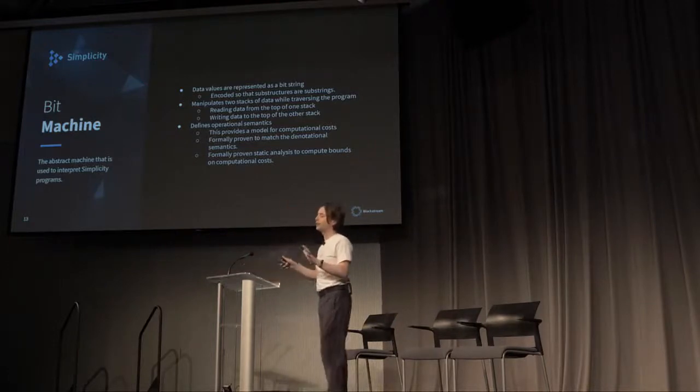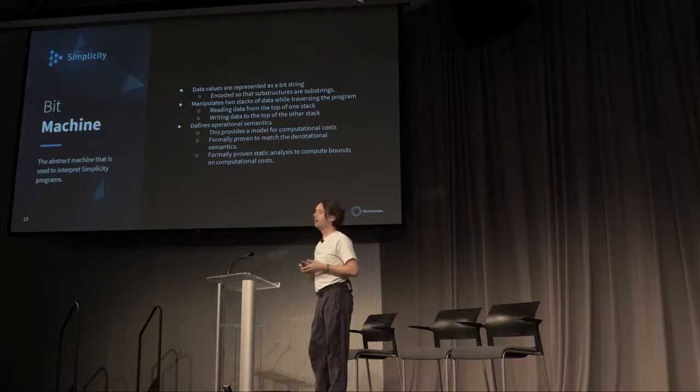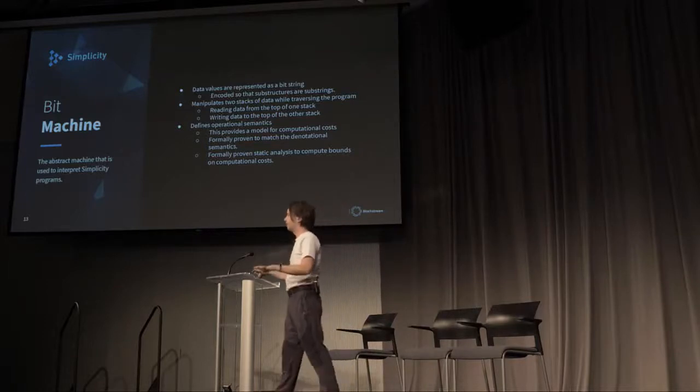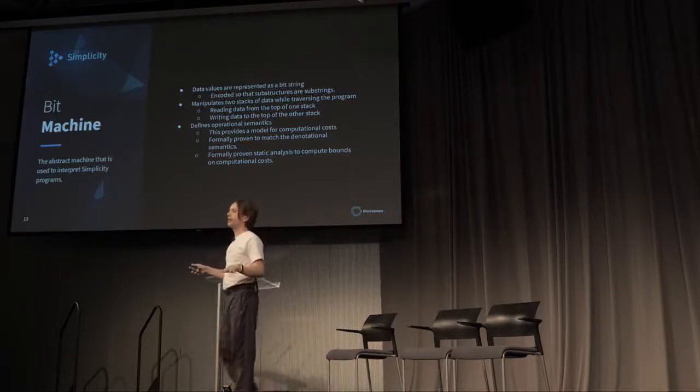And the nice thing, the most important aspect of the bit machine is that it provides operational semantics, right? So the denotational semantics tells you what the program does, and the operational semantics tells you what are the costs associated with evaluation. So we need to model these costs, and we can use the bit machine to model the costs. And modeling the costs is important when it comes to preventing denial of service attacks against your node, right?